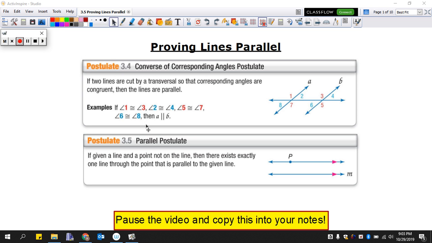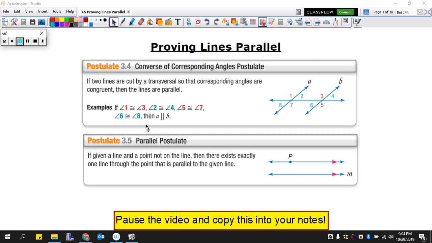Okay, in this video we're going to continue what we talked about several weeks ago when we were talking about parallel lines and the transversals of parallel lines, and some of the properties that we ran into as far as congruency and supplementary ways that the angles interact with each other.